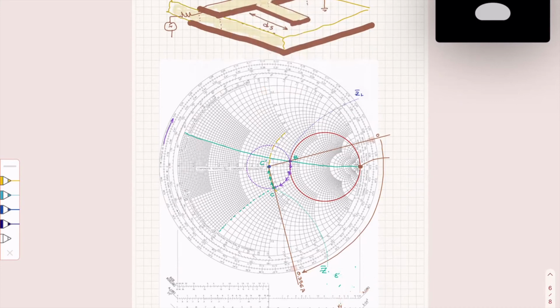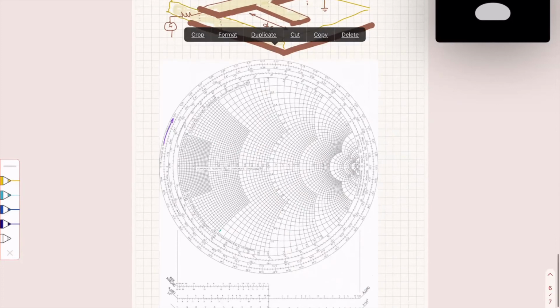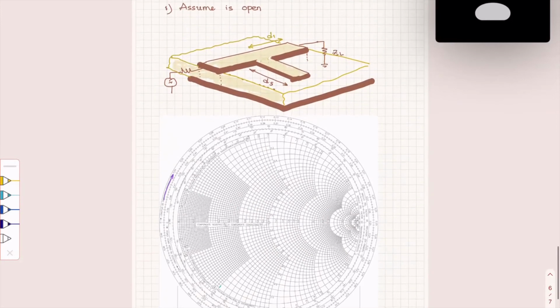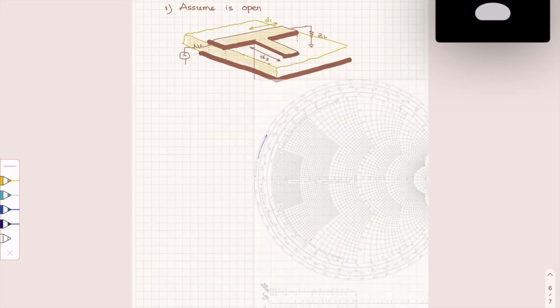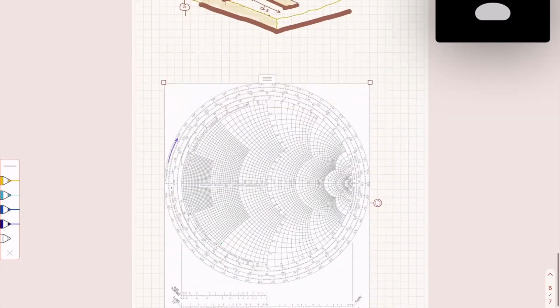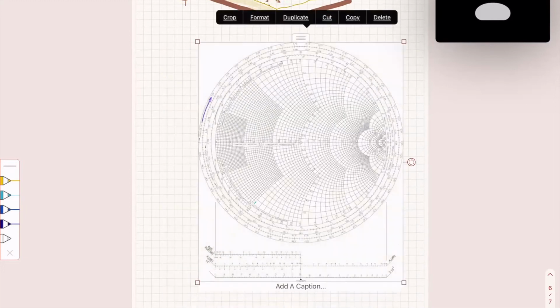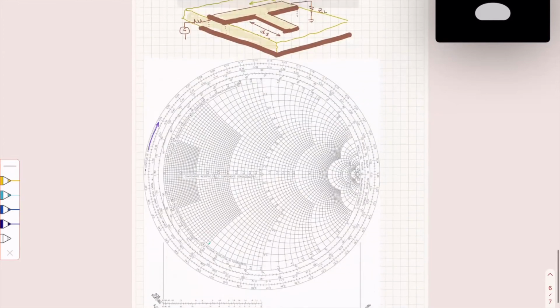So I will erase all of this. Now I'm working on the stub. Okay, I'm trying to make it as big as I can.